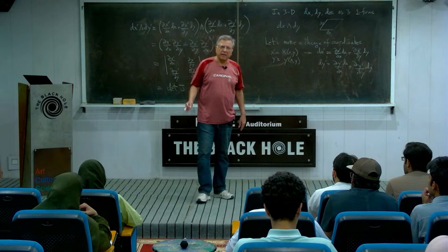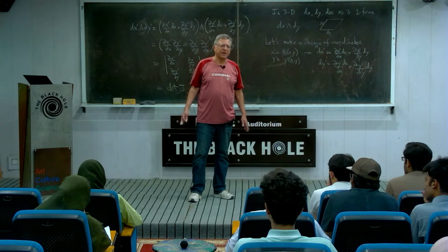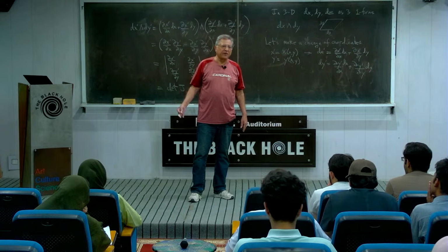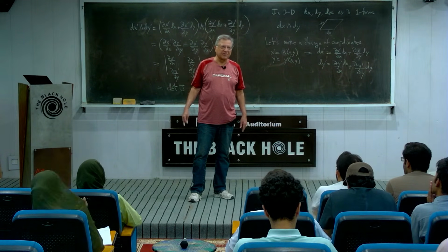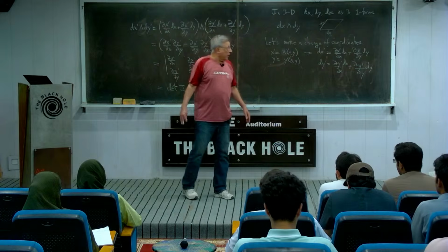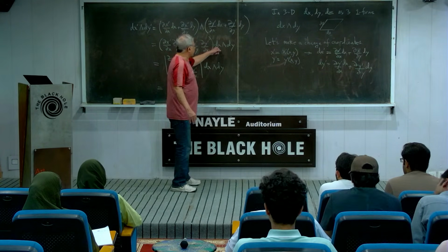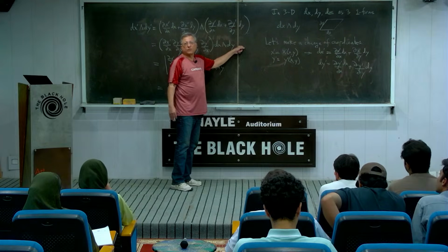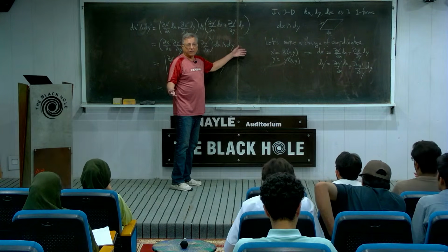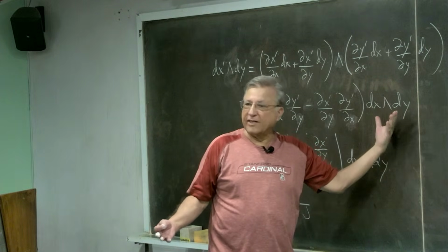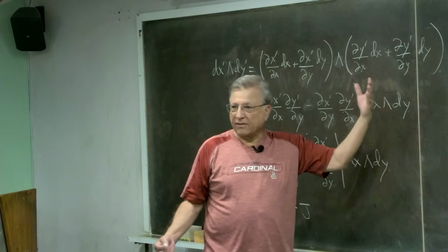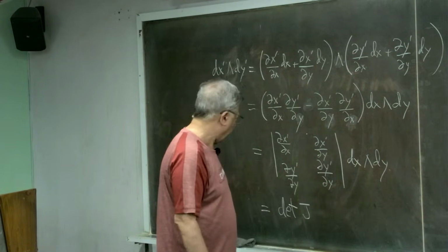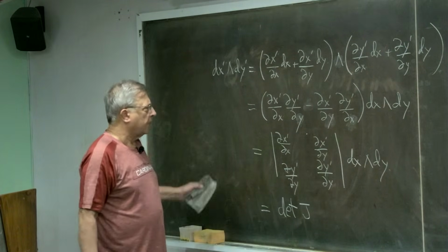And in 3 dimensions it's okay, we can visualize it, but what when we go to multiple dimensions? Then something like this dx, dy, dz, dw, what does that mean? Well, it will mean a volume in so many dimensions. Right.